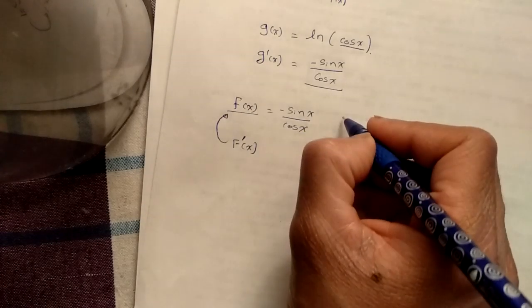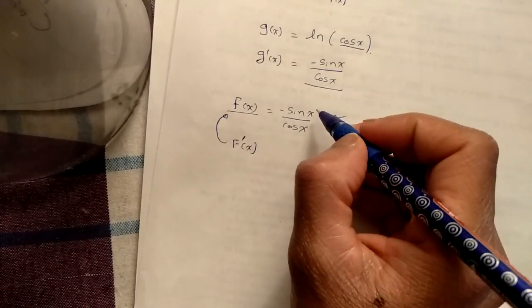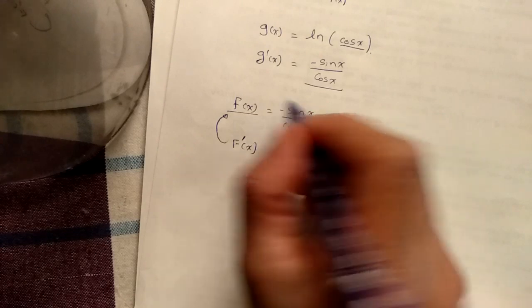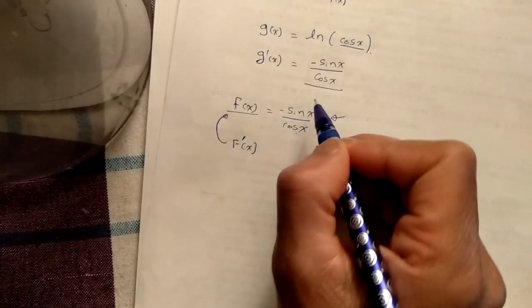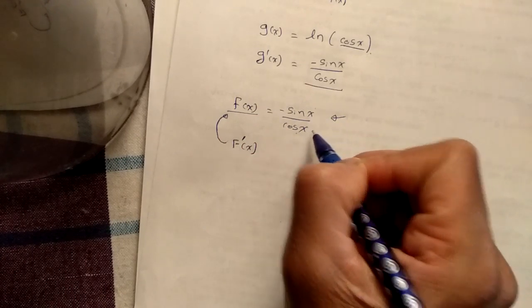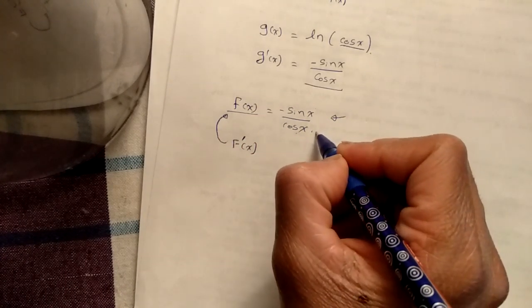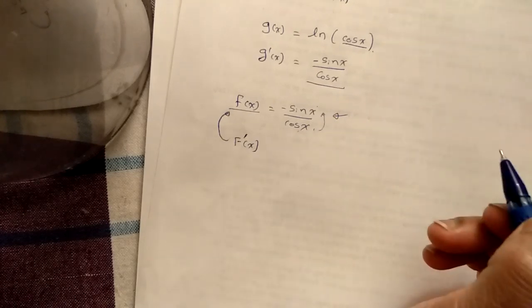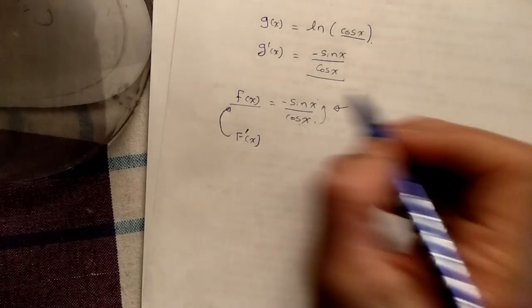Now here there's an important thing that we have to identify, which is that this function is given as a quotient. That means with a numerator and a denominator, and there is a relationship between the numerator and the denominator. So what is the relationship?